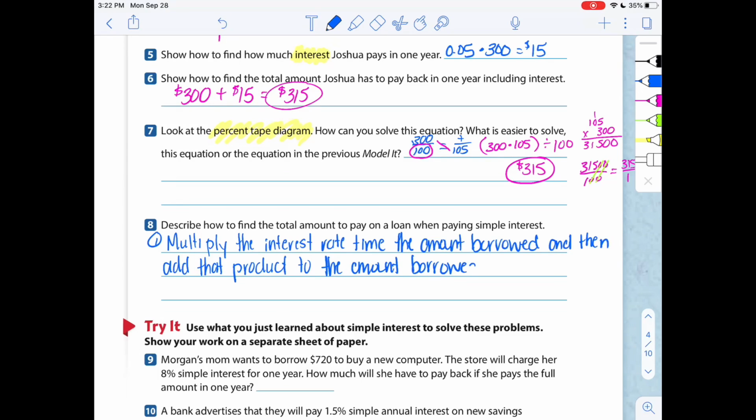Because remember, you're paying a little bit more than what you actually borrowed, so that's why we're adding it to it. And then the other way we looked at was with the proportion. So you could set up a proportion, then cross multiply and divide.